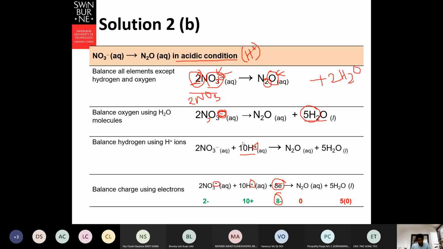Which one is having oxidation? Please vote faster. 2 minutes, yeah?